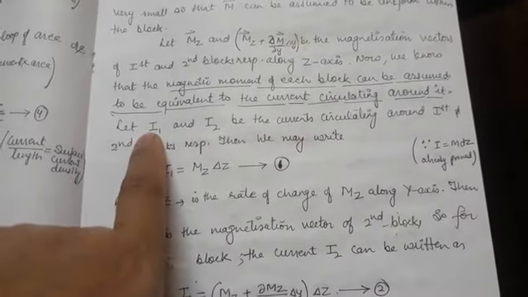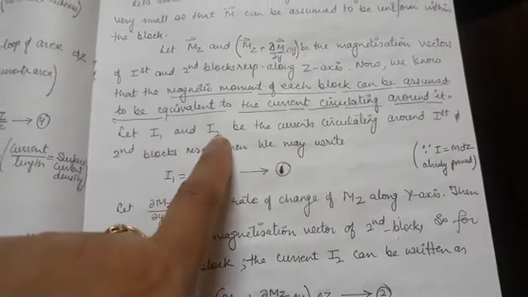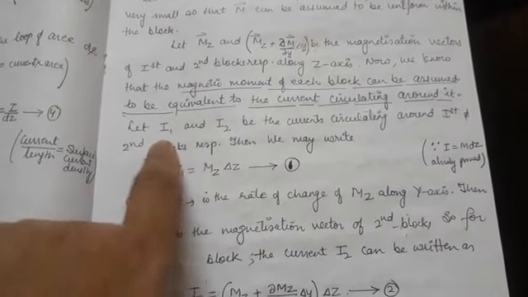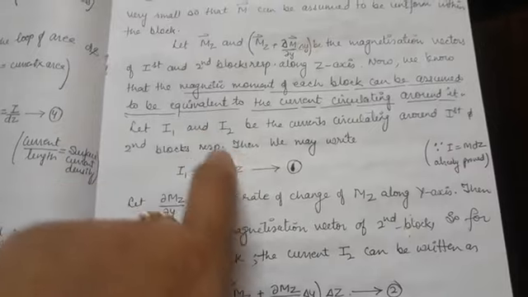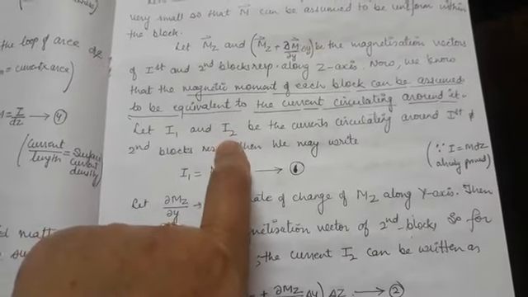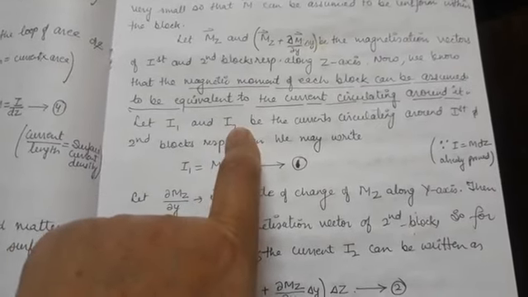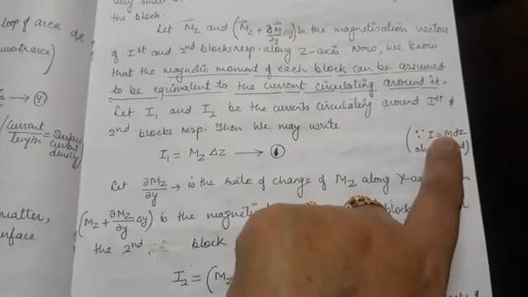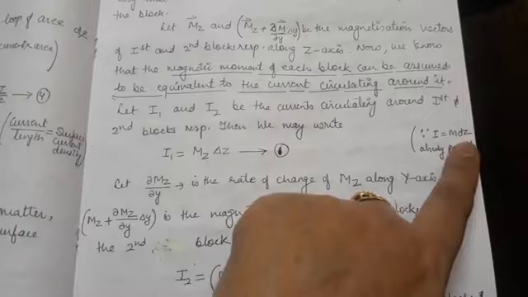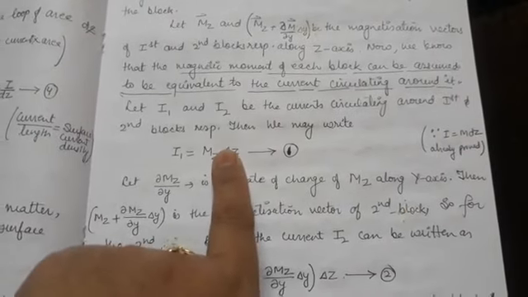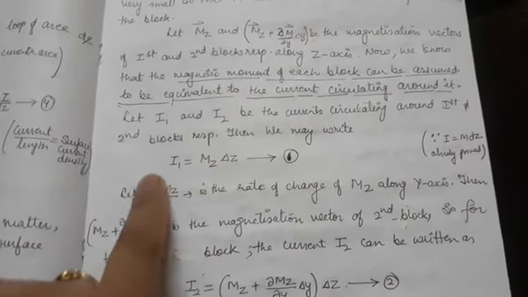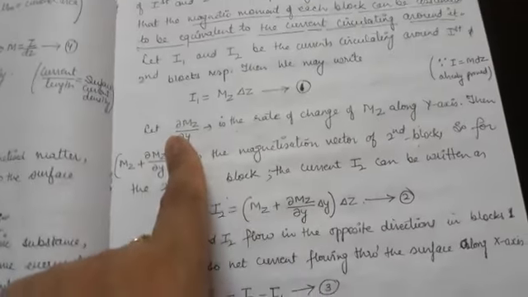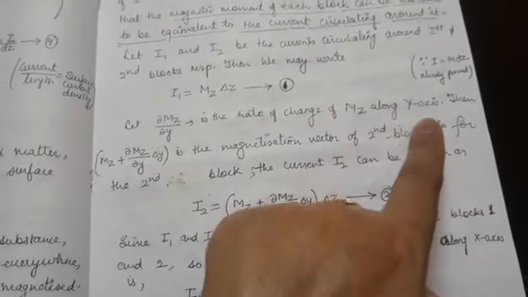Let the current in the first loop be I1 and in the second loop I2. The rectangular block becomes a loop with current I1, and the second rectangular block is equivalent to a current carrying loop I2. So for the first loop I can write I1 is equal to Mz into delta z. Now similarly, let ∂Mz/∂y be the rate of change of Mz along the y-axis.